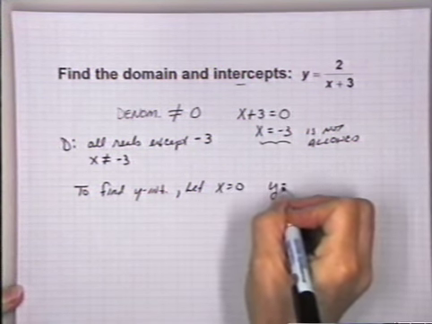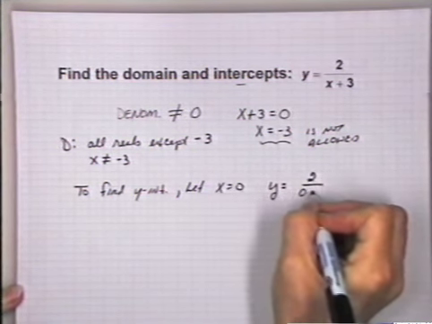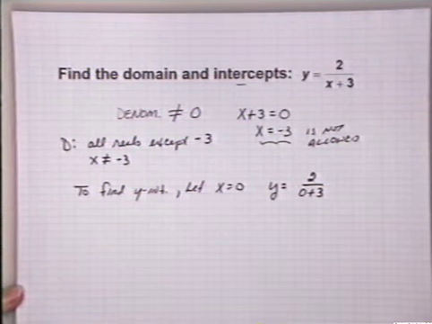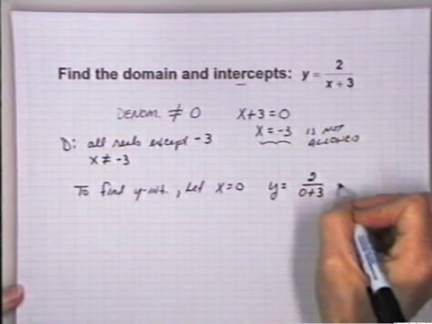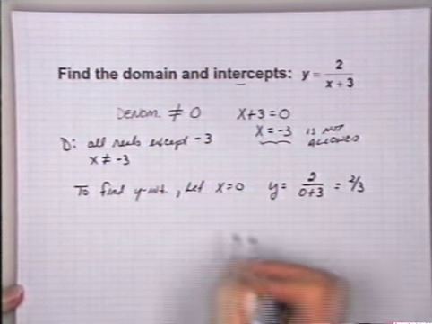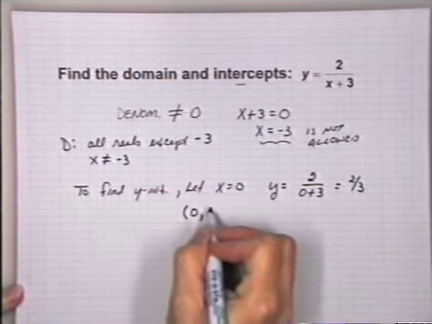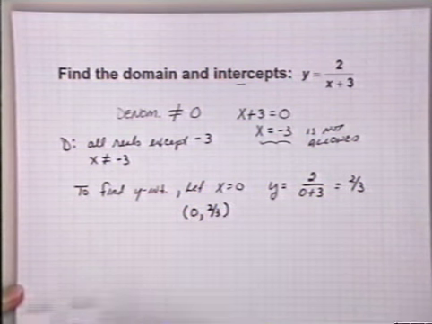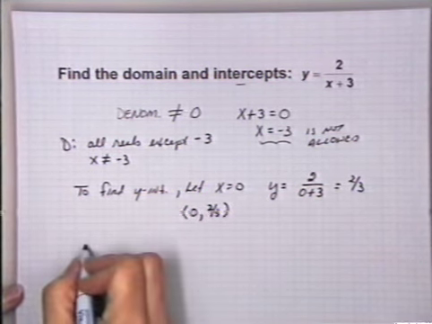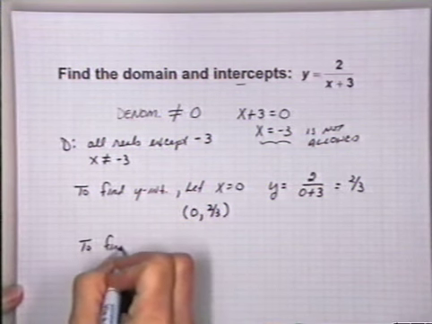Well, looking at our equation, if we substitute a 0 for x, our equation would read y equals 2 over 0 plus 3, or simply 2/3. So whenever x is 0, y is 2/3, and this gives us our y-intercept. Now, to find x-intercepts, what do we do?